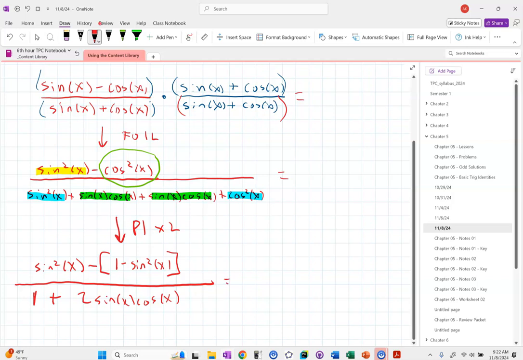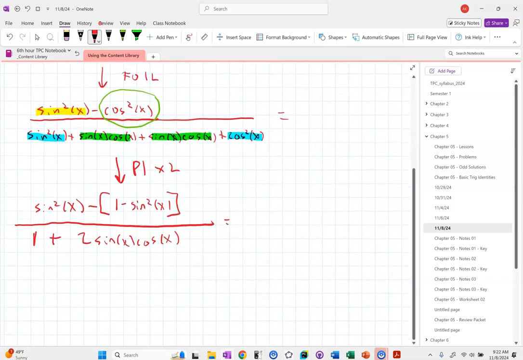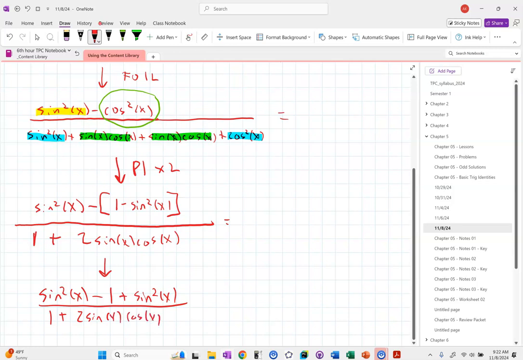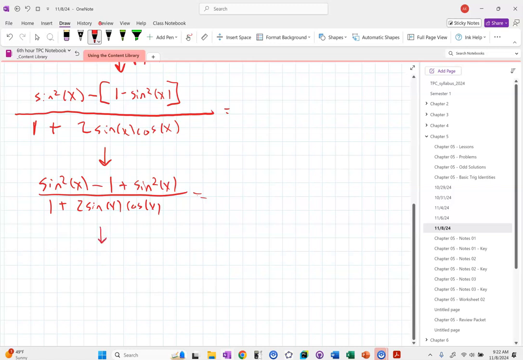Troy, so far so good? Yeah. Okay. If I then distribute the negative in the numerator, I'm going to get minus 1 plus sine squared. And I notice, hey, sine squared plus sine squared, that's going to be 2 sine squareds.